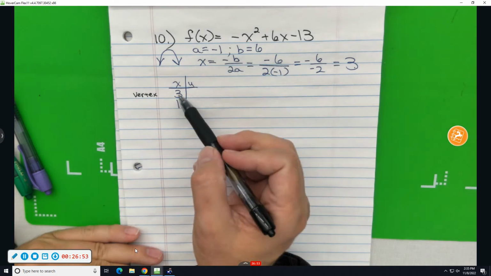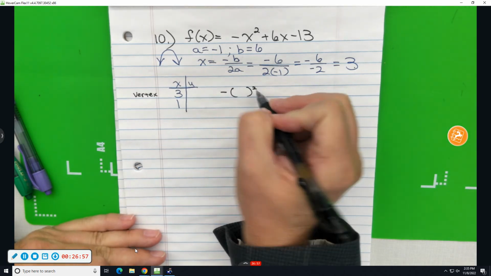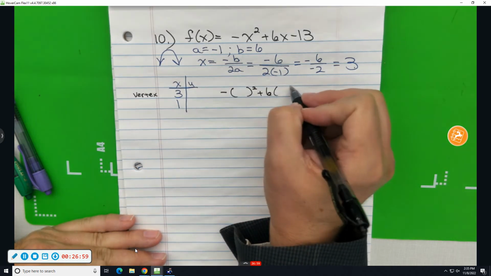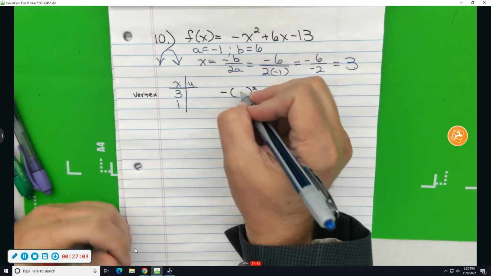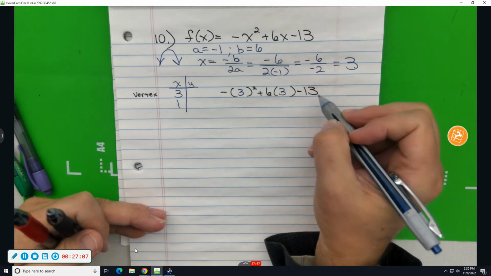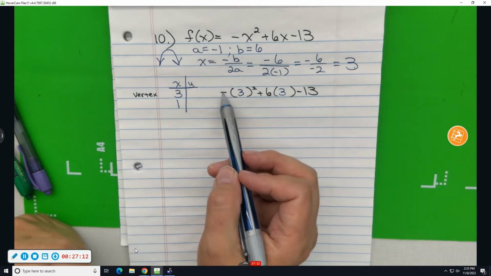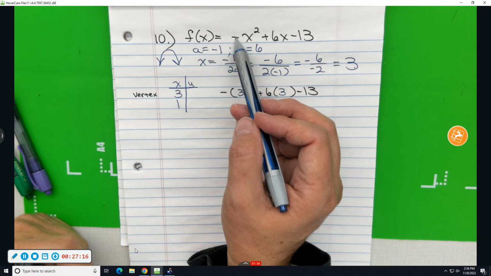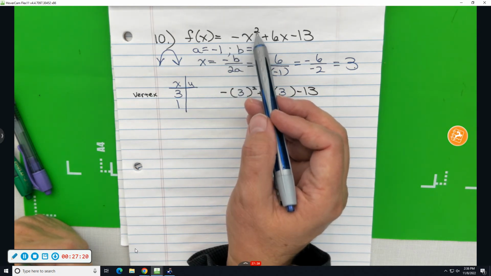Plugging in 3, we get -3 squared plus 6 times 3 minus 13. Realize that negative is not being squared. If we'd wanted that negative squared, all that would have to be in parentheses with the square on the outside.